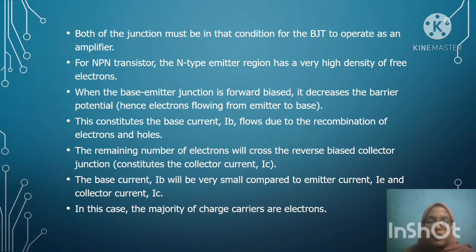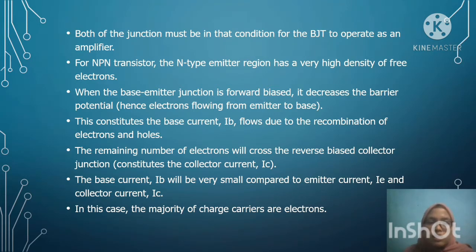For an NPN transistor, the N-type emitter region has a very high density of free electrons. When the base emitter junction is forward biased, it decreases the barrier potential, which causes the electrons to flow from emitter to base.